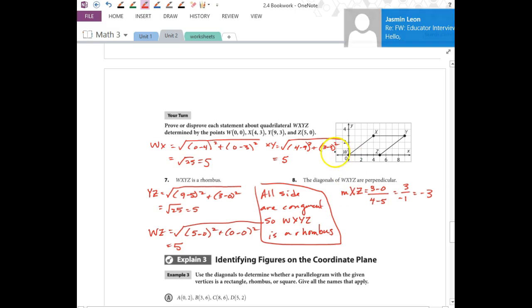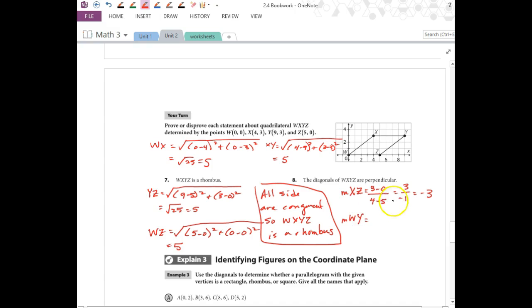Okay, then the opposite one, WY. My change in y would be 3 minus 0 and 9 minus 0. So 3 over 9 is 1/3.